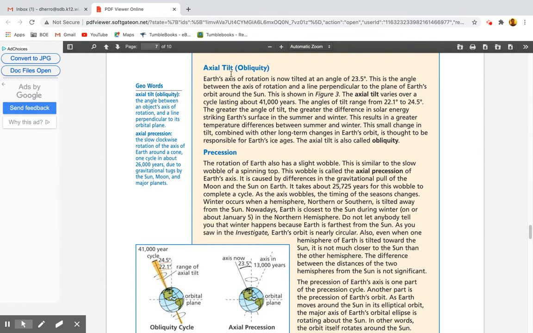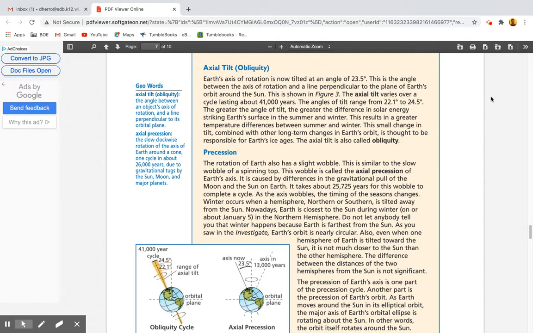Axial tilt, obliquity. Earth's axis of rotation is now tilted at an angle of 23.5 degrees. This is the angle between the axis of rotation and a line perpendicular to the plane of Earth's orbit around the Sun. This is shown in Figure 3. The axial tilt varies over a cycle lasting about 41,000 years.